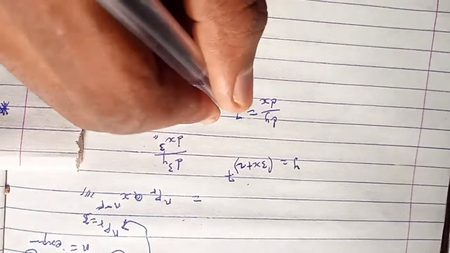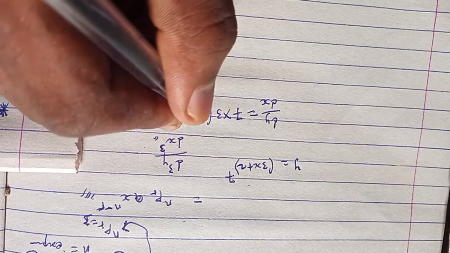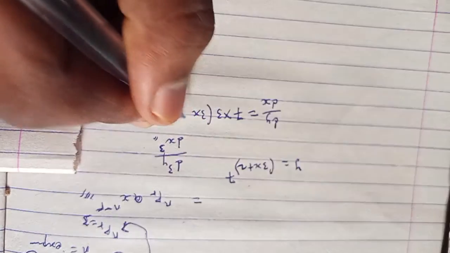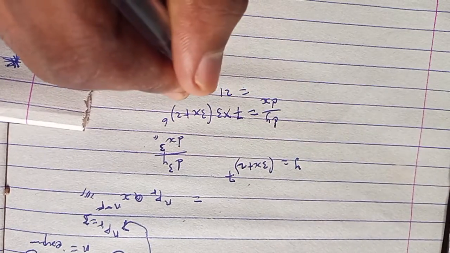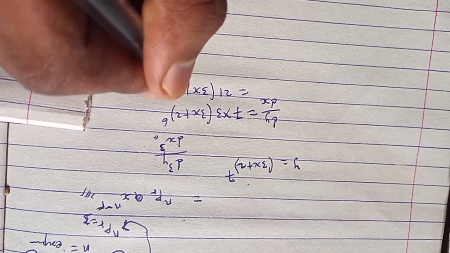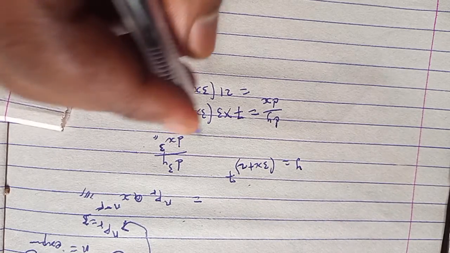You can use it. So 7 multiplying by 3, then multiplying by (3x plus 2) power 6, which equals 21 multiplying by (3x plus 2) in bracket power 6. Have you seen that, guys?